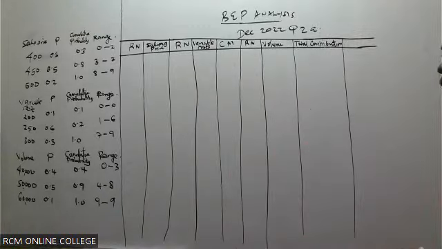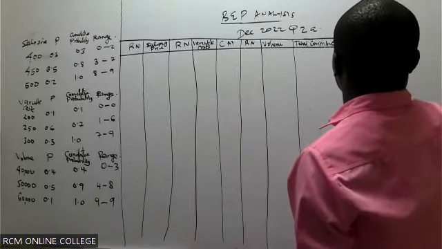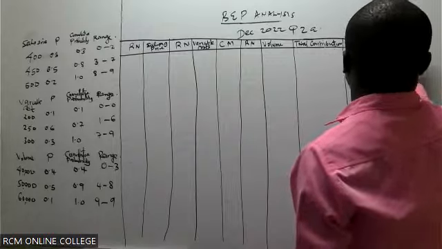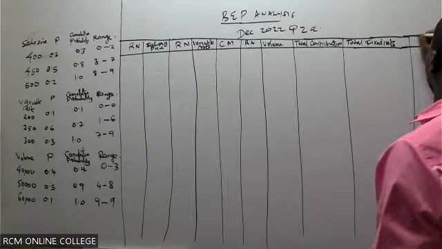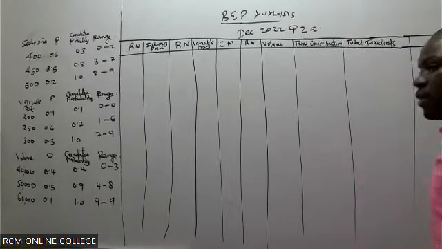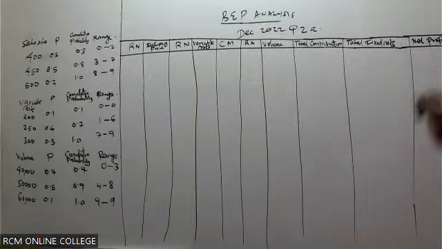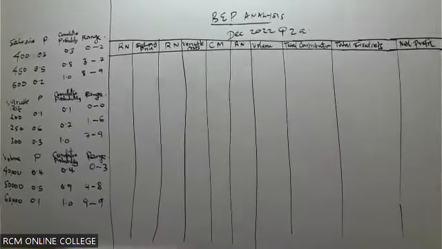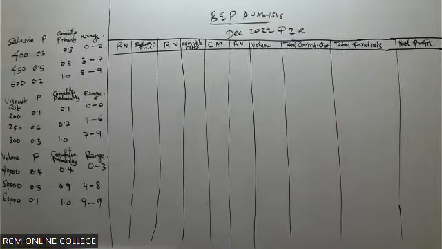Once you have the total contribution margin, you will be able to take us now to total fixed costs, which will now lead us to the point of getting net profit. Good.